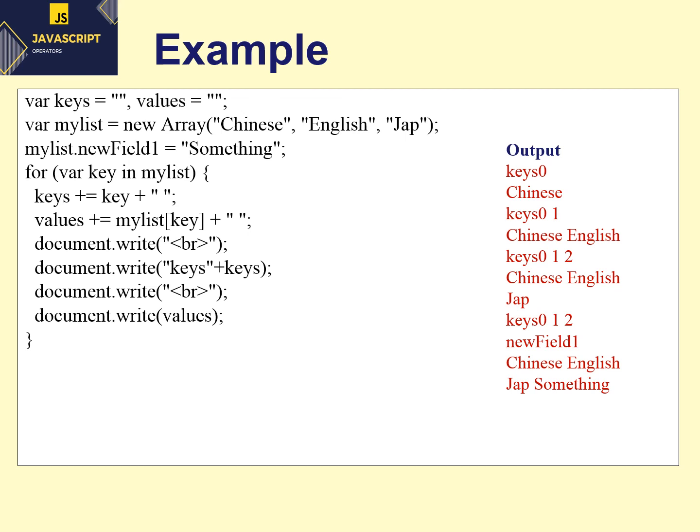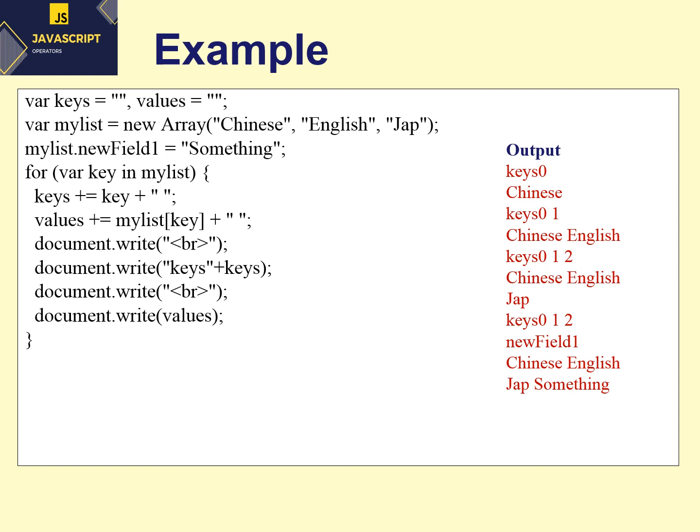Then comes the second iteration. In the second iteration, the key moves to index position 1. So here it is keys plus equal to key. Plus equal to is a shorthand operator, so this expression becomes keys is equal to keys plus key.